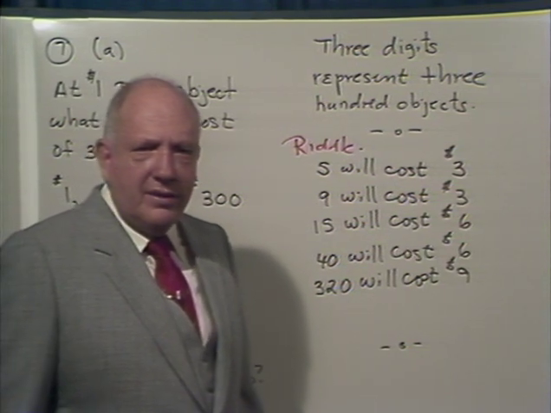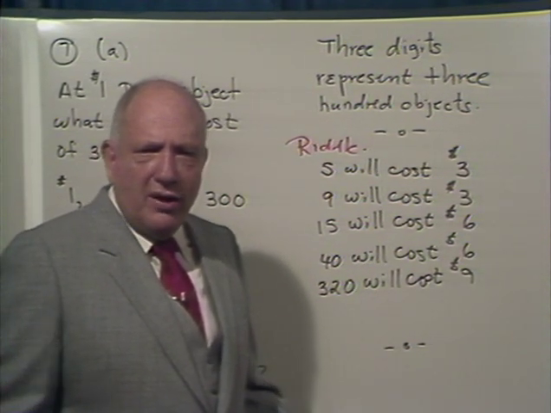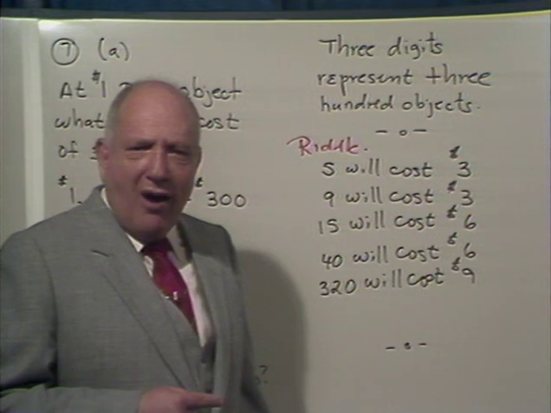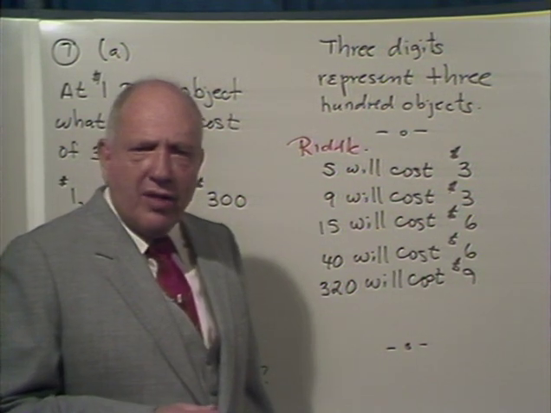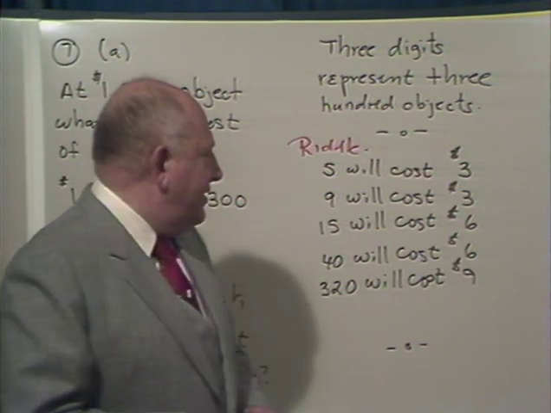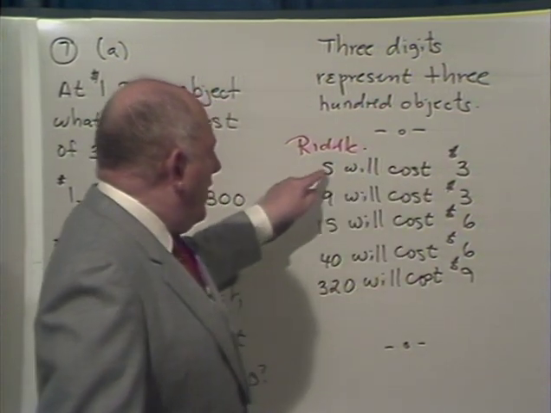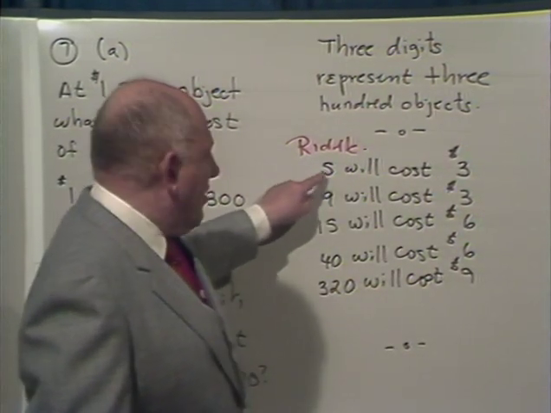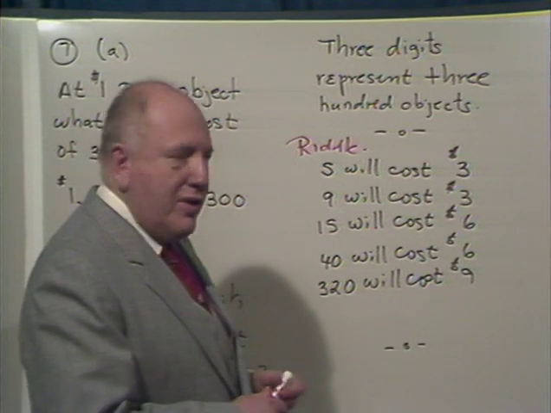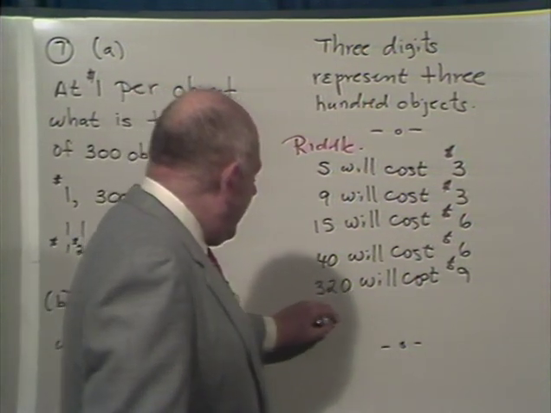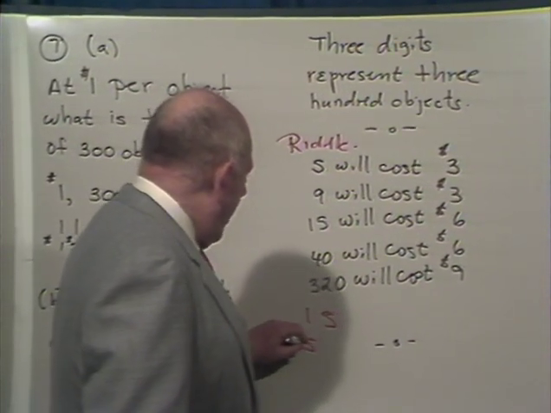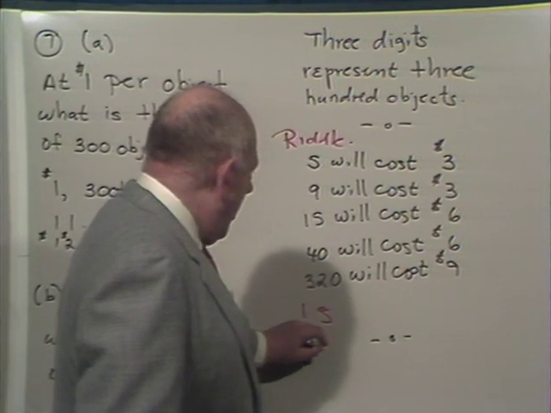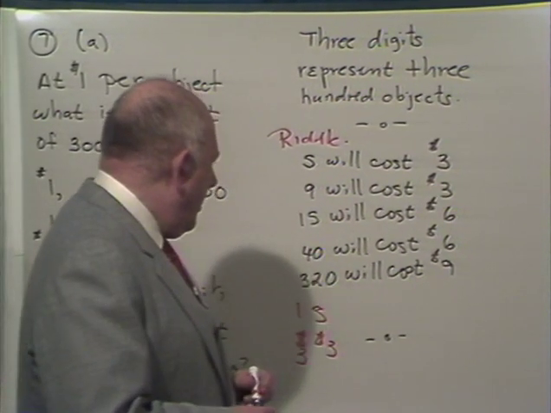What was he buying? Well, it's hard to say for sure, but the thing I hope you noticed from the last problem, it was probably house numerals at $3 a digit. See, at $3 a digit, the digit 5 would cost $3. The digit 9 would cost $3. You see, the 15 is 2 digits, so you'd pay $3 for the 1 and $3 for the 5.